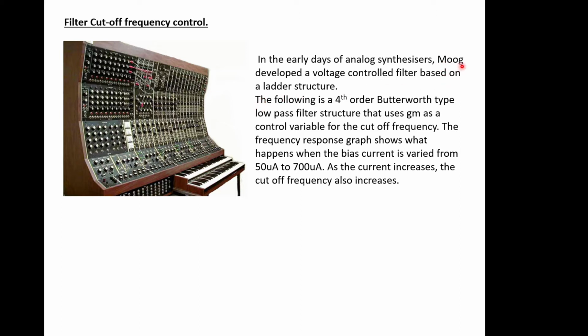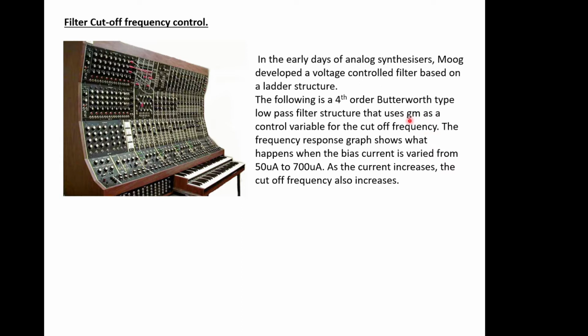Mr. Moog, who developed the first synthesizers and then moved on to look at pressure valves and things, developed a voltage control filter based on a ladder structure. Ladder structures are quite interesting and easy to work with. So we're going to look at the original famous Moog filter, which is a fourth order Butterworth type low pass filter, and to change the cutoff frequency of this filter, to change the point at which it has an effect, the gm of the structure is varied.